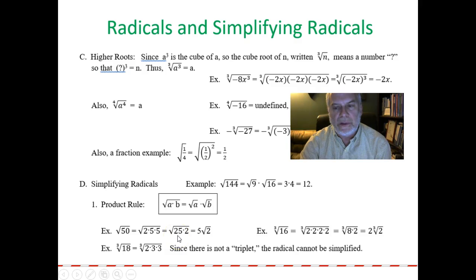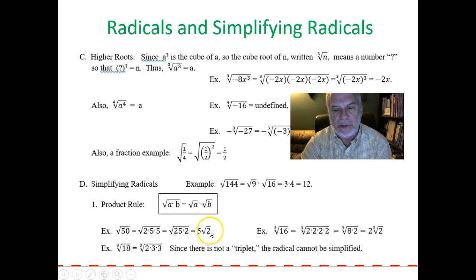That's the reason why we wanted to say 25 here, because we can take the square root of 25 and you get just the number 5. Now the square root of 2 stays as it is, because it's not the square root of 4, so you can't take the square root of 2, you just leave it as that. But we could take the square root of 25 and get 5.